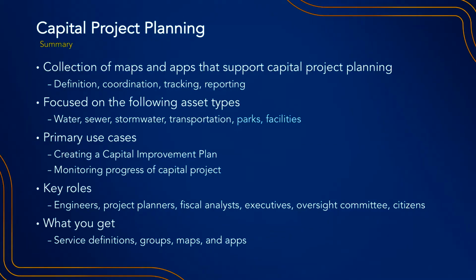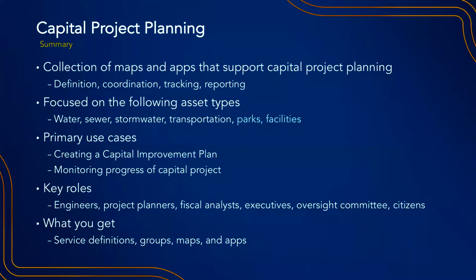So you'll see a whole collection of solutions that help with the first phase, which is essentially everything from project definition to the development of your CIP. And then once you fund the projects, how do you track those projects throughout their development life cycle and ultimately report the status of the projects to internal stakeholders and external stakeholders like citizens in your community.